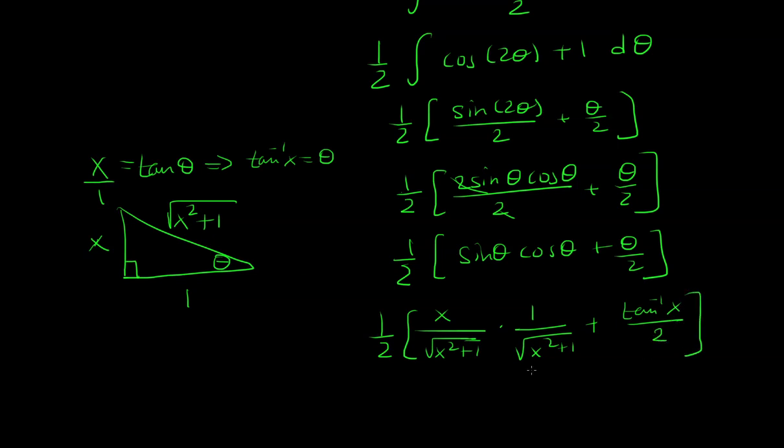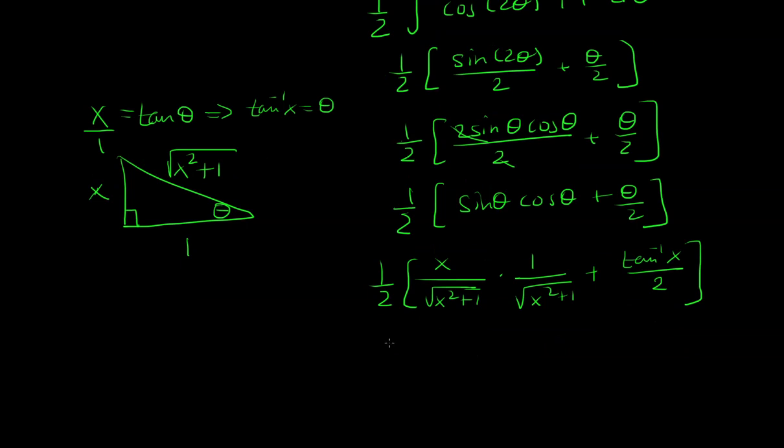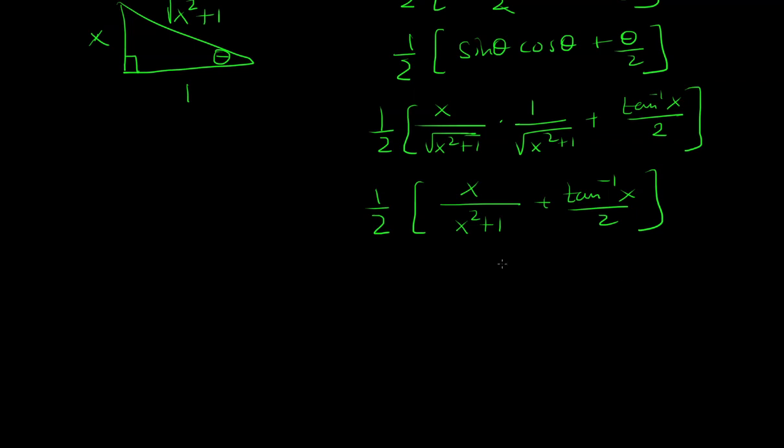And we'll put that over 2. Now we're simplifying. We still have the 1/2 outside, and we have the square root of x squared plus 1 times the square root of x squared plus 1. That's x squared plus 1 with the x on the top. And then we can distribute the 1/2. That's x over (2x squared plus 2) plus inverse tangent of x over 2.